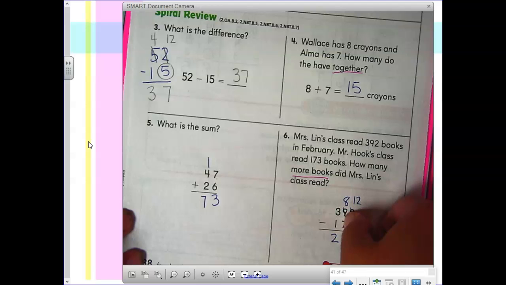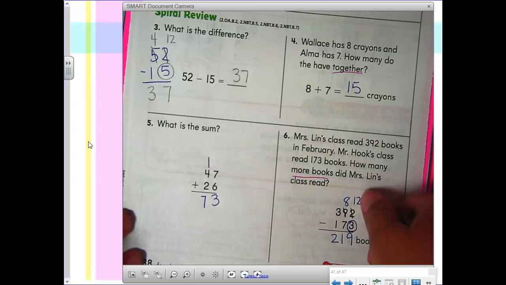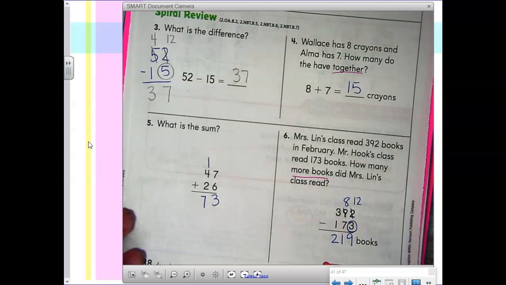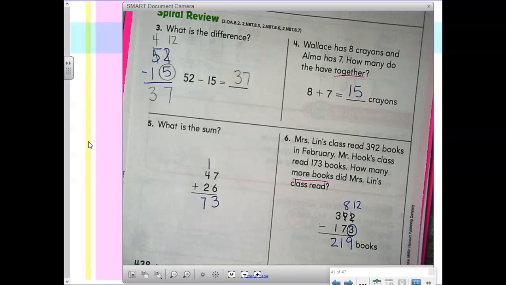Go next door and grab 10 more. 9 minus 1 is 8. Add it back. 2 plus 10 is 12. Now we subtract. 12 minus 3 is 9. Tens place. 8 minus 7 is 1. 3 minus 1 is 2. 219.